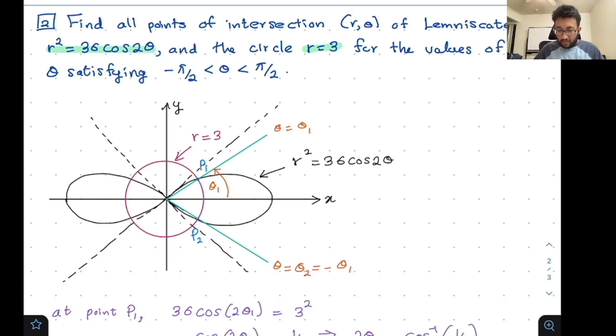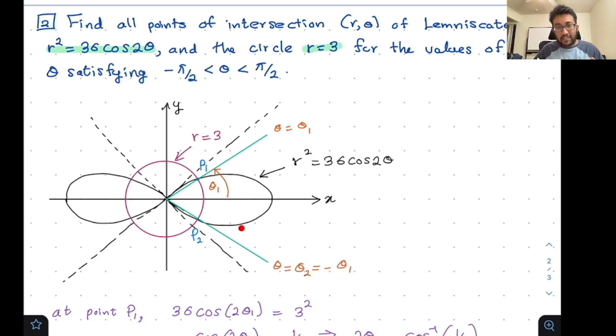Okay, so again, another fact, if you can find the coordinates of P1 in polar form, then you already know the coordinates of P2 from the symmetry, right? Because the distance between origin and P1 is same as the distance between origin and P2, and this angle theta 1 is going to be same as this angle theta 2.